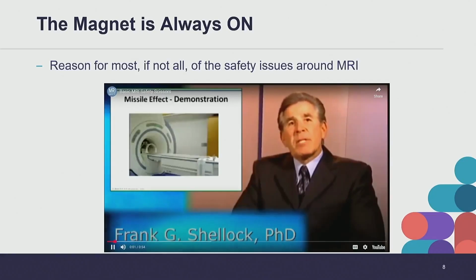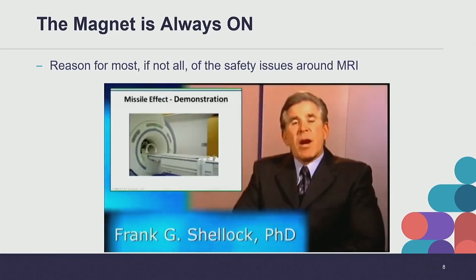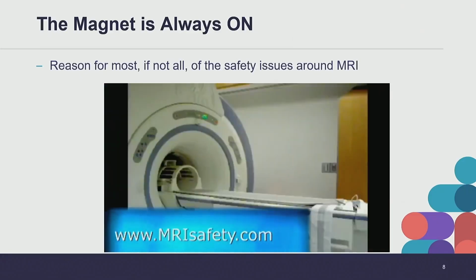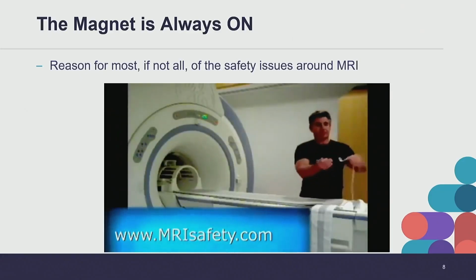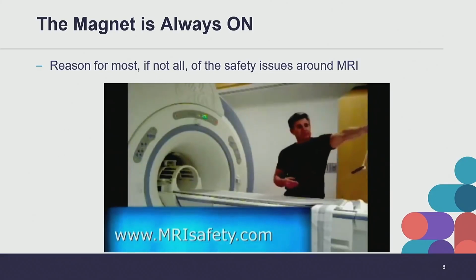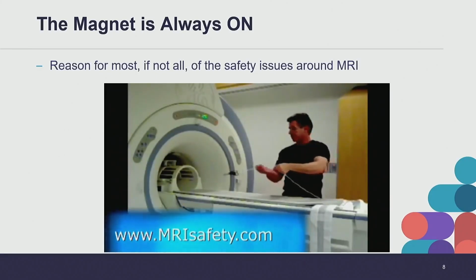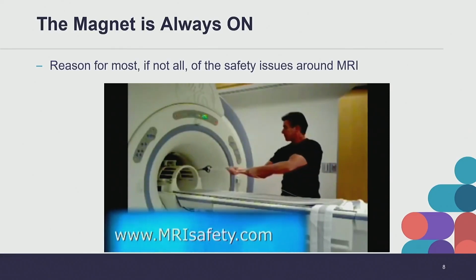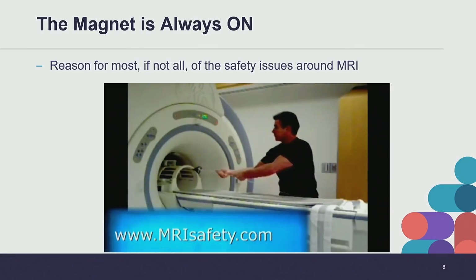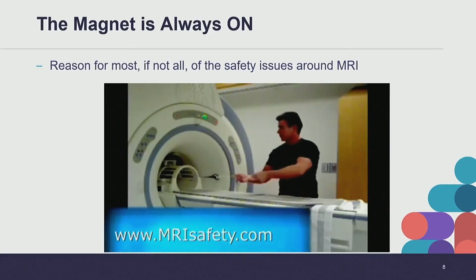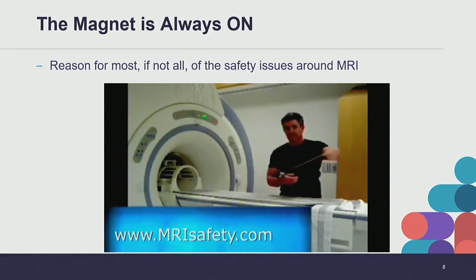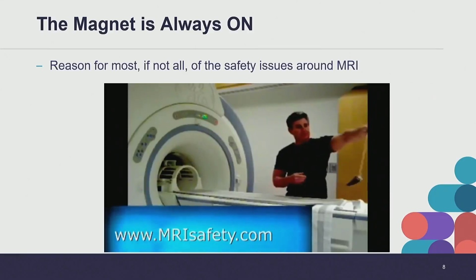Here's an example of the missile effect showing the magnet of the MRI system attracting a pair of metallic scissors. The scissors were attached to a strong string and then dangled in front of the scanner. Notice the initial position of the scissors positioned about 8 feet from the MRI system. As the scissors are moved closer, they are quickly and forcefully attracted by the magnetic field. Now carefully watch the scissors as they are brought closer to the powerful magnetic field.